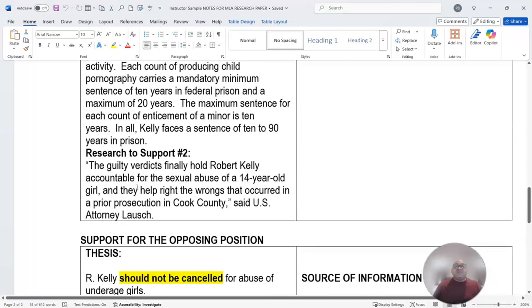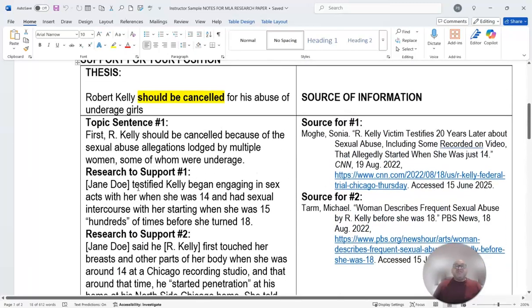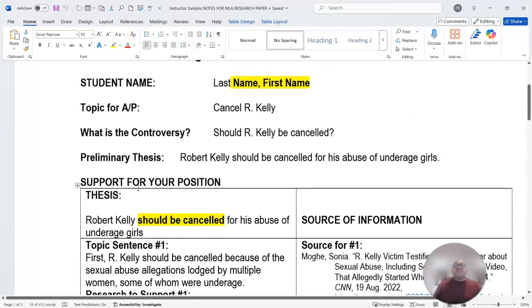This is your paper. You chose your subject. Do the research. You've done some research. Now it's time to start putting the arguments together.